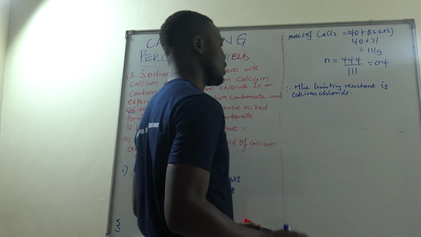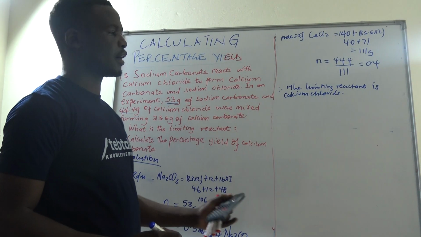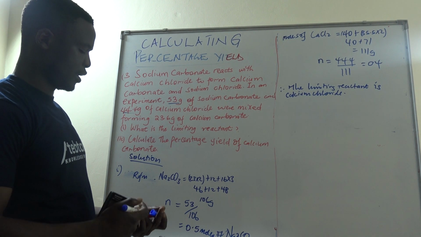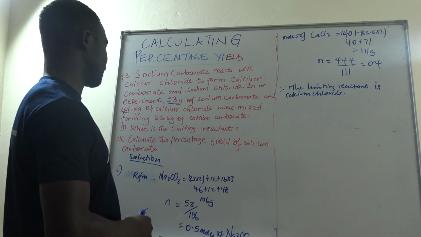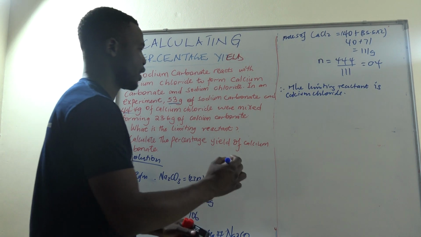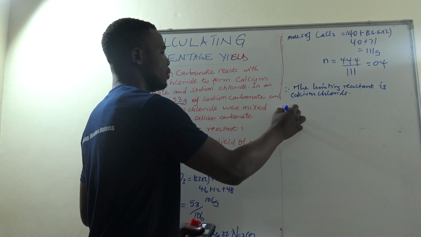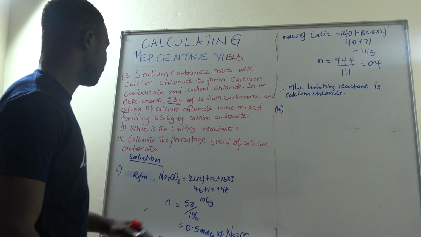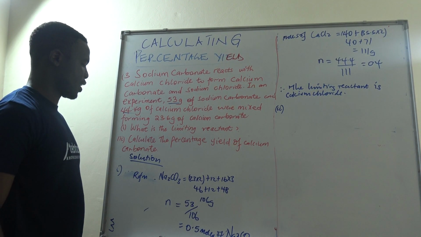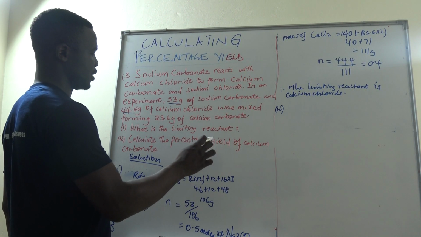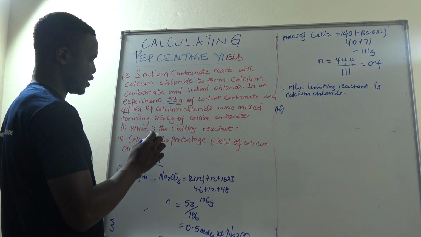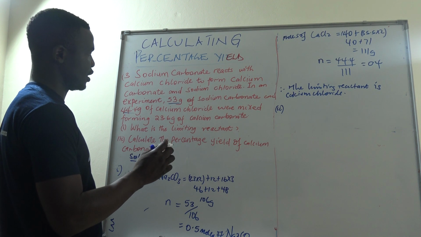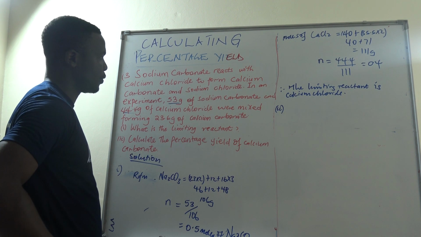That is the limiting reactant. Calcium chloride is the limiting reactant. We have answered part 1. Now, let's look at part 2. Part 2, they said calculate the percentage yield of calcium carbonate.